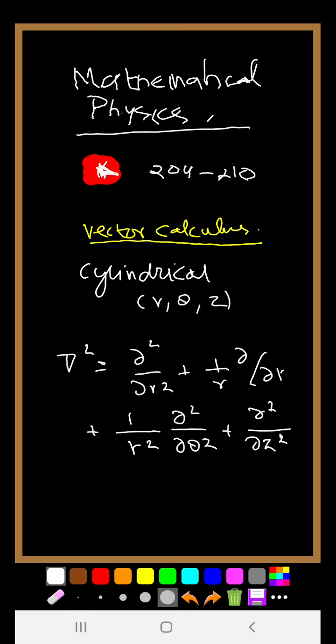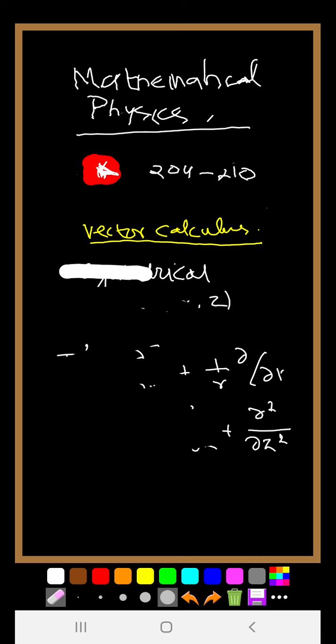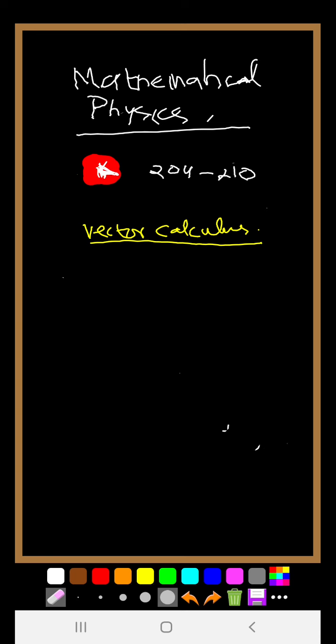Moving on, we will now use vector integrals. We first write the line integral. Line integral can be represented in the following manner.